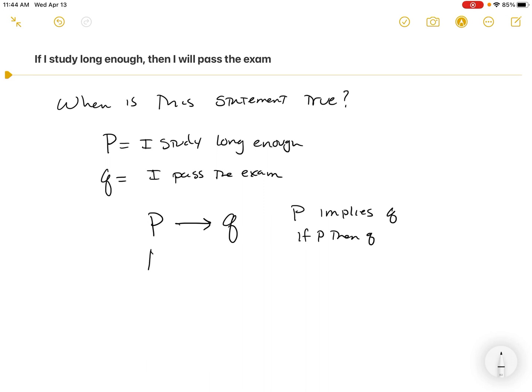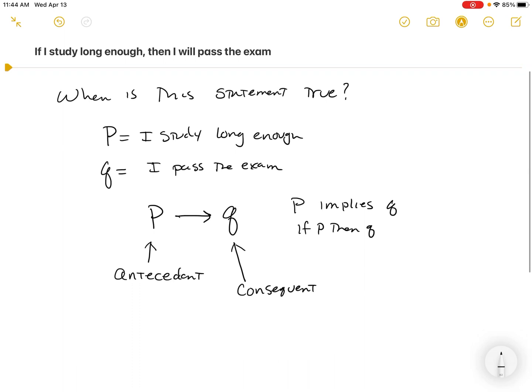Now, P, the if part of the statement, the thing that has to be true first, P is called the antecedent, and they'll refer to it, and I will too later in this video. The antecedent is the condition that needs to be met first. It's the if part. And the Q has a familiar name, the consequent, right? So it's the consequence of the action, but they say consequent.